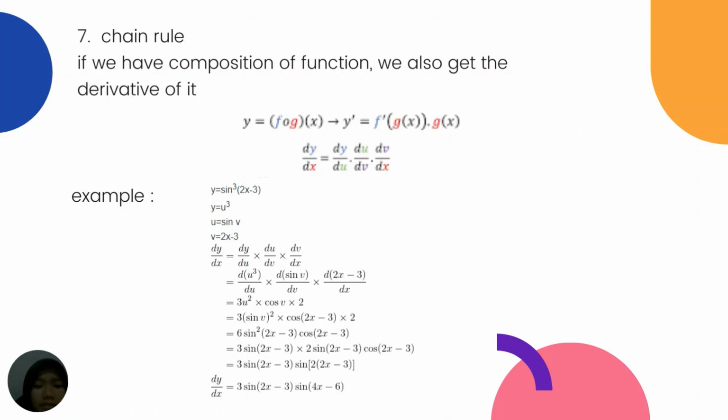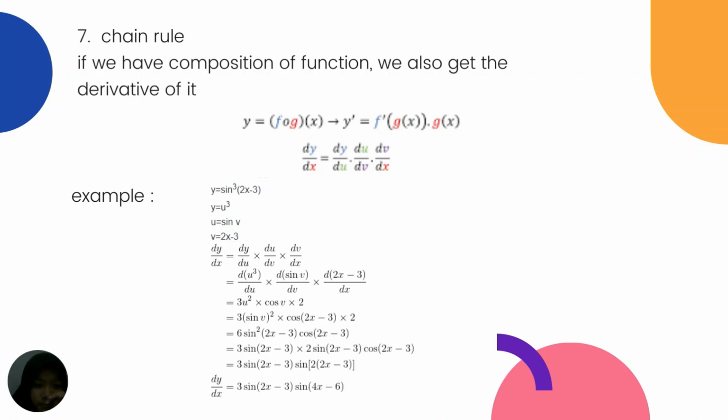We can find y prime is f prime of g x times g prime x. Or dy dx is dy du times du dx, or dy du times du dv times dv dx.